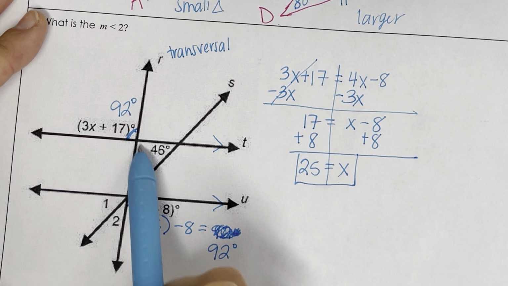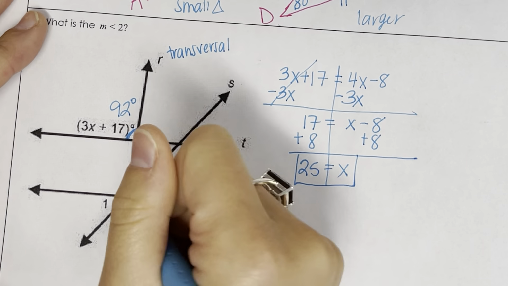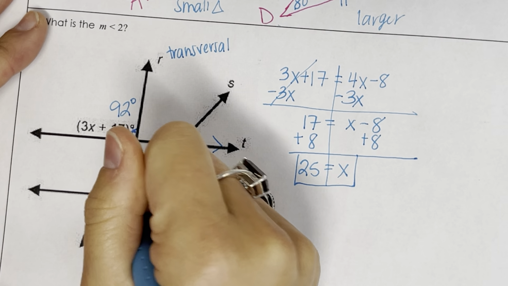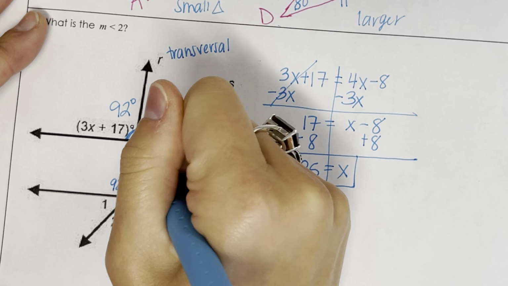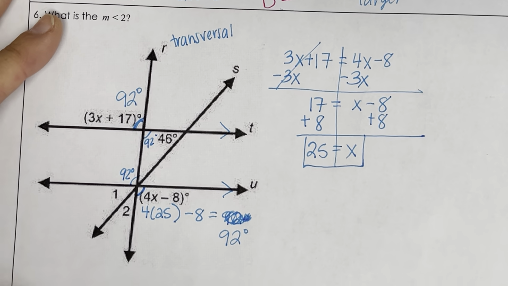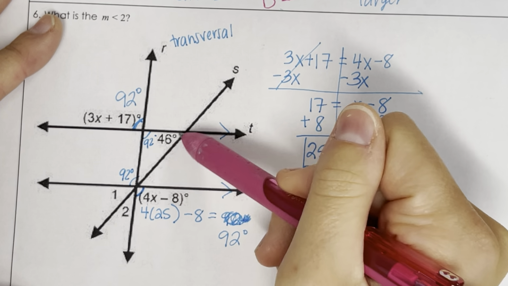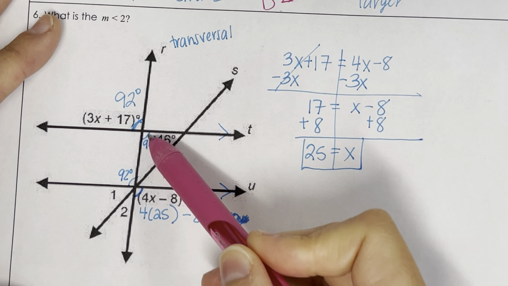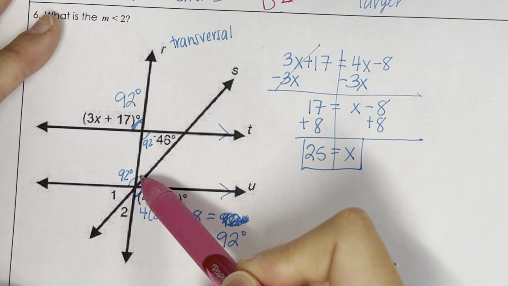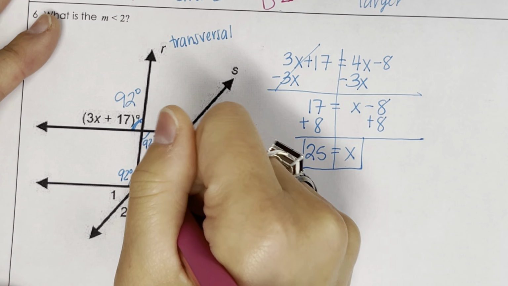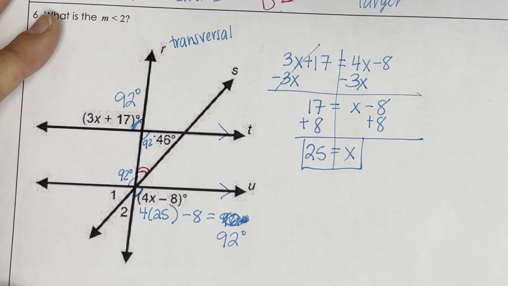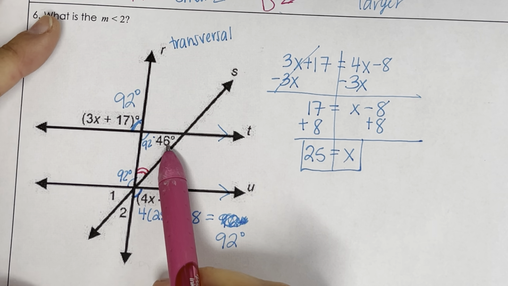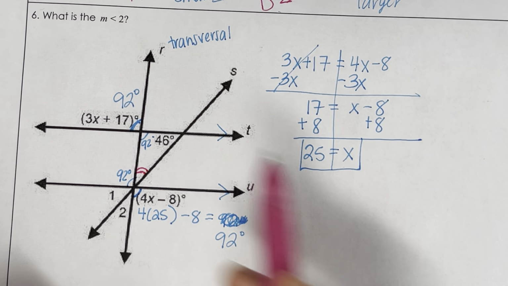Now I can do some vertical angles here. If this is 92, hey, guess what? This is 92 and this is 92. Now I see a triangle right here, don't I? I know in a triangle that all three angles should add up to be 180. So I'm gonna figure out this angle right here by taking 92 and 46, adding them together, and then subtracting them from 180.